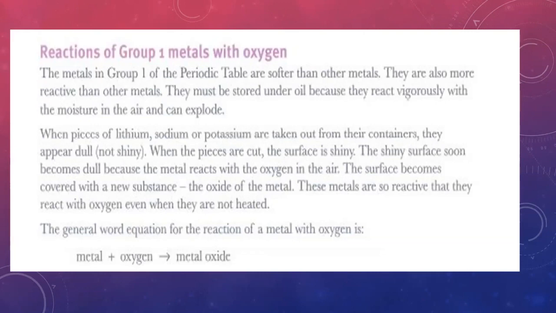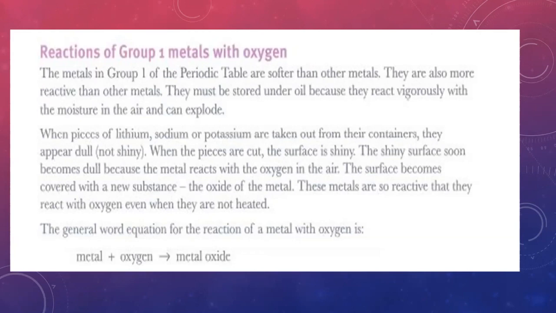When this piece of lithium or sodium or potassium is freshly cut, it appears shiny, but after a few seconds, it will change into a dull appearance. Dull is the opposite of shiny. Dull means without shine. Why? What happened to this surface? It's because of the oxygen in the air, it reacted.